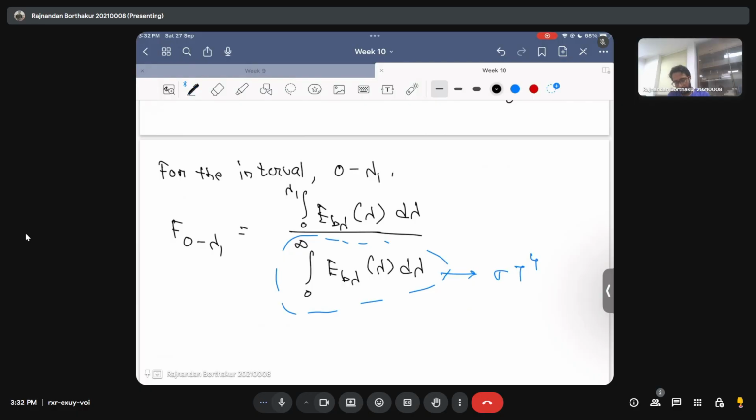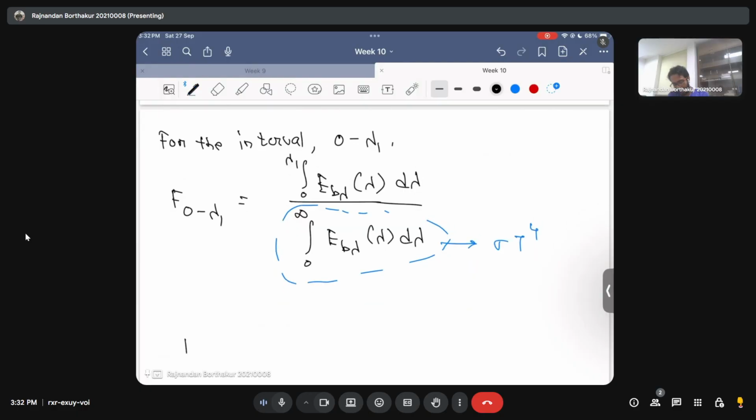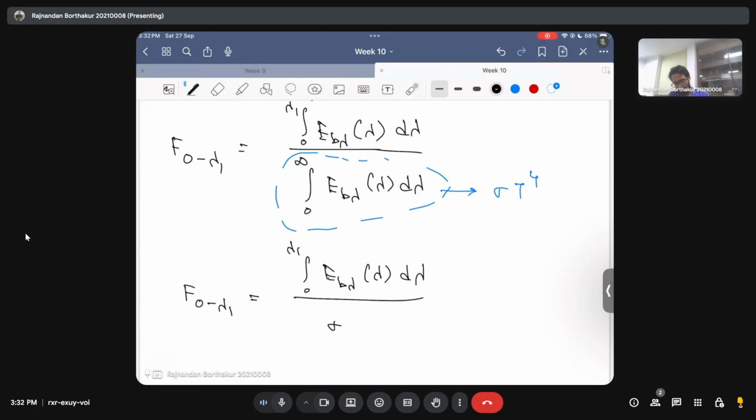which means that I can now write the band emission function for 0 to lambda 1 as integral 0 to lambda 1, E_b lambda, the spectral emissive power, d lambda, by sigma times T raised to the power 4. That's it.